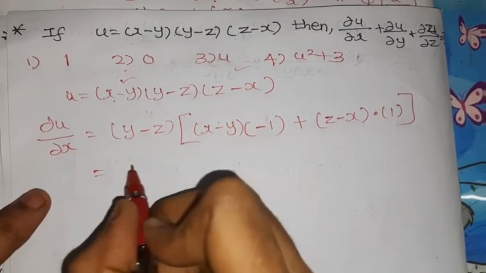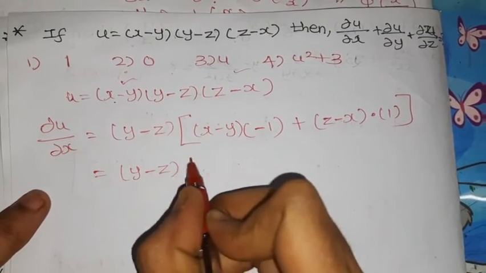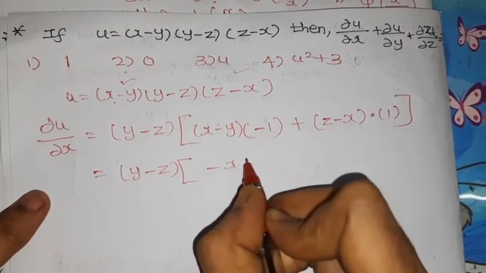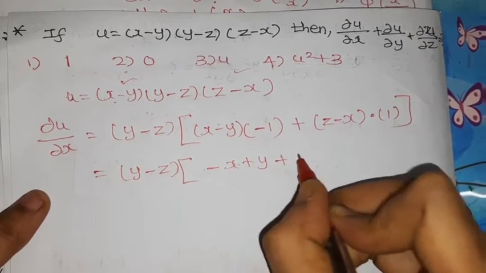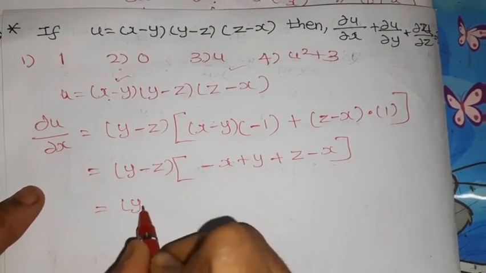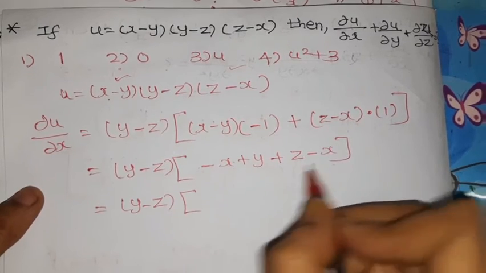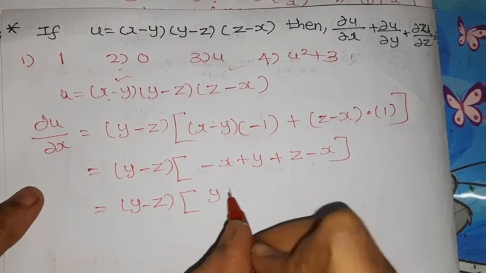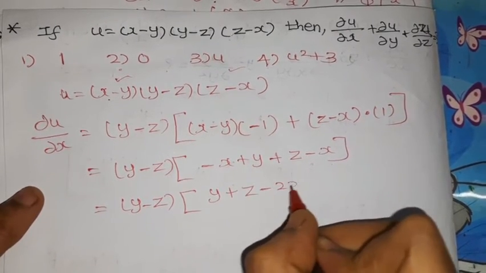So for that, y minus z into minus x plus y plus z minus x, so y minus z into y plus z minus 2x.